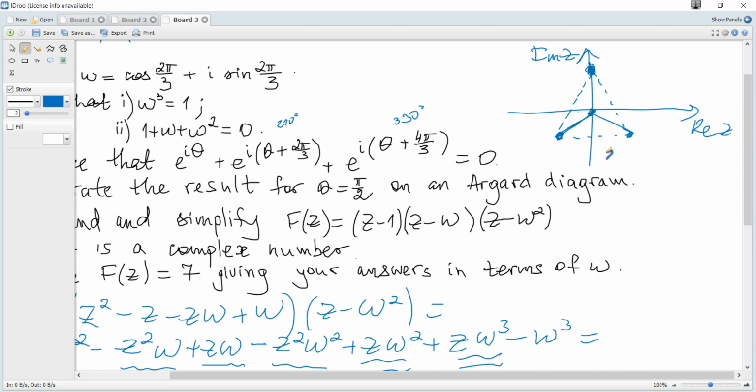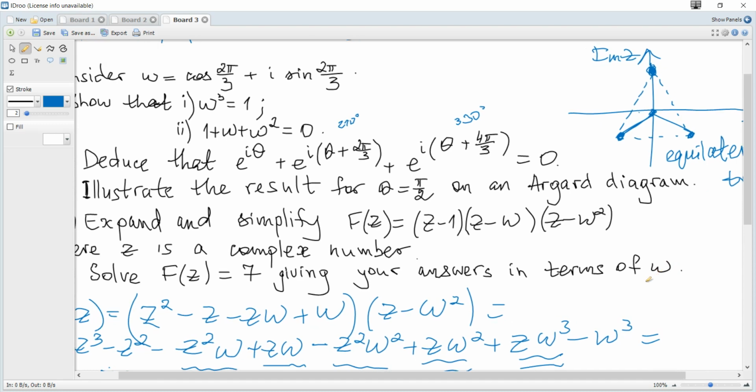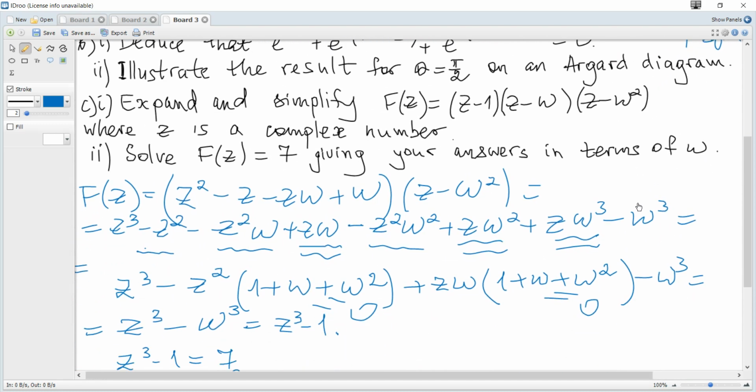So it's an equilateral triangle. And that's all for this question.